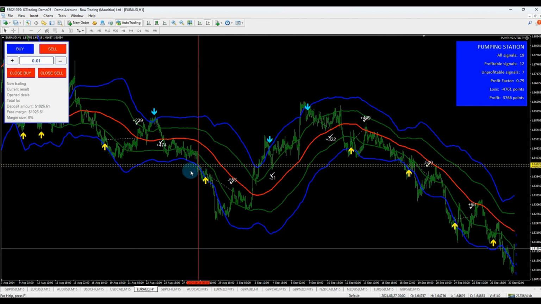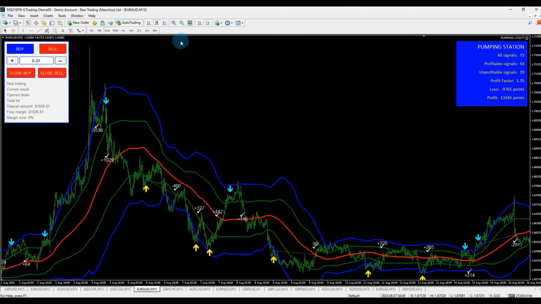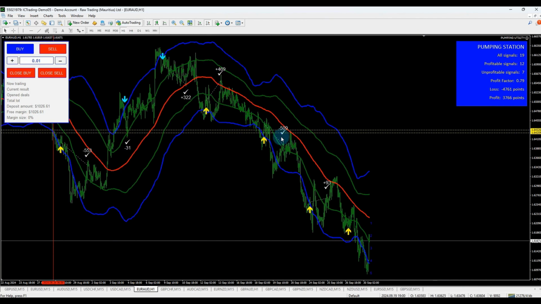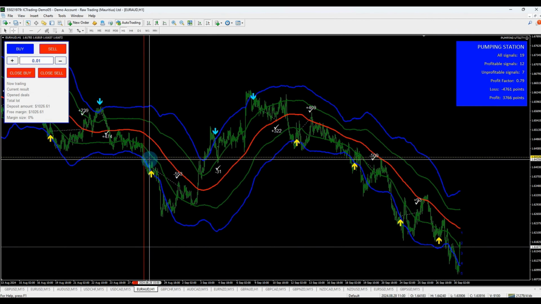Thus, instead of incurring a large loss of approximately 130 points on M15, it will wait for a touch on H1 when the price reaches the sigma level in a profitable area, and only then will it close the signal. It will close it here, resulting in either a few points of profit or zero.